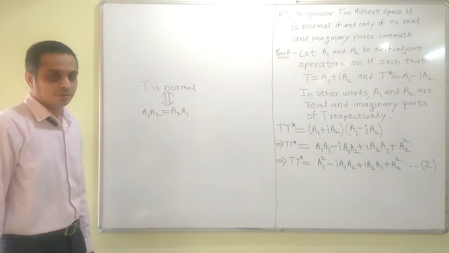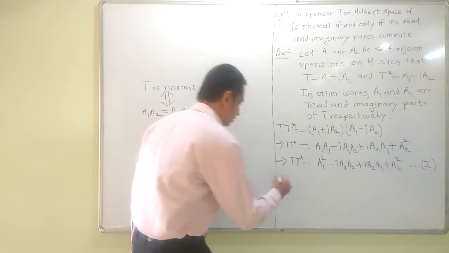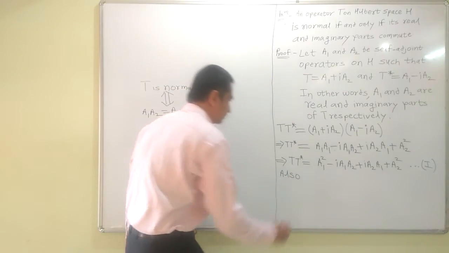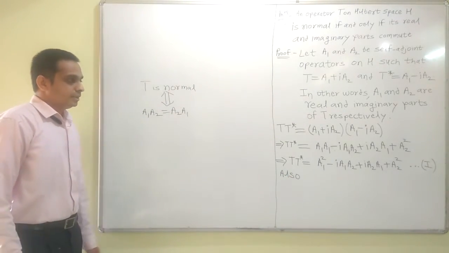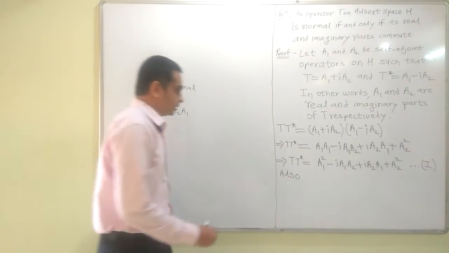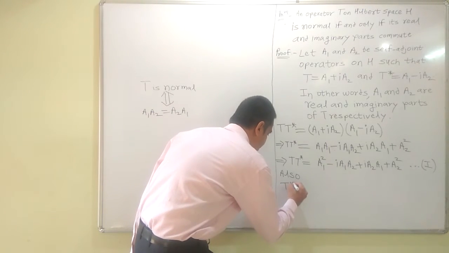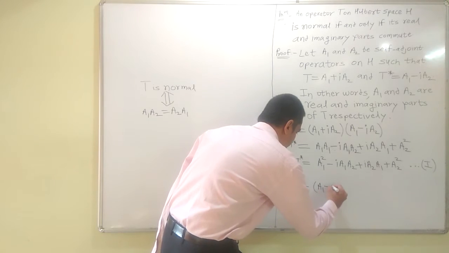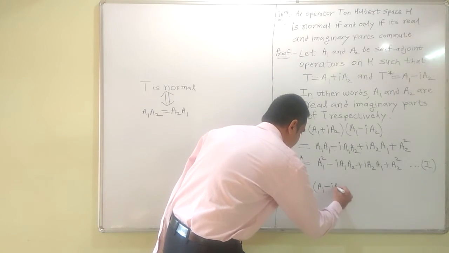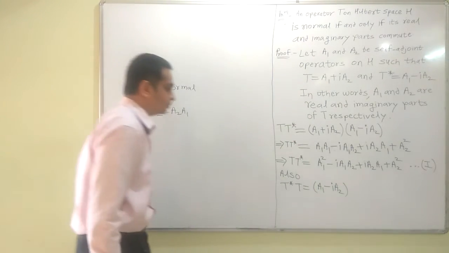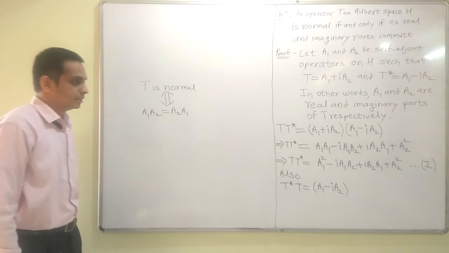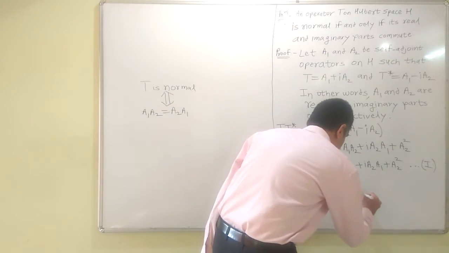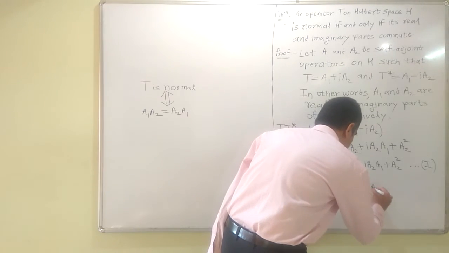Similarly, we are going to calculate T star T. T star T equals A1 minus iA2 composition A1 plus iA2.